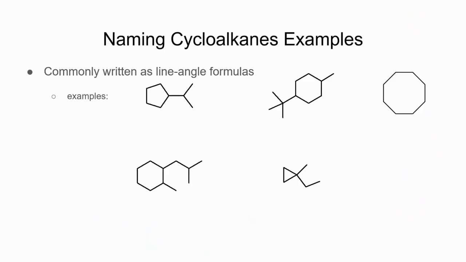So let's do some more naming examples. In this first one, and by the way, this would be a great place to pause and try some of these on your own. But let's name this as our parent chain. So we think about the shape of that. I like to just think about the shape. Oh, there's a pentagon, cyclopentane, where you can count that there's 5 carbons there.